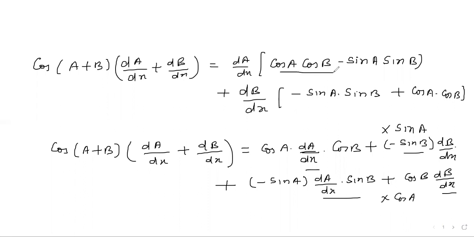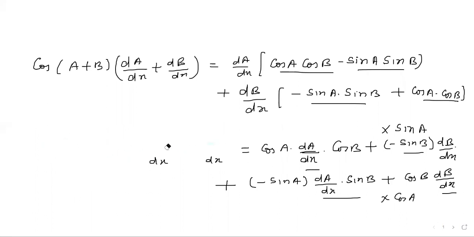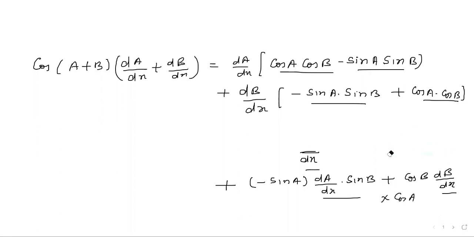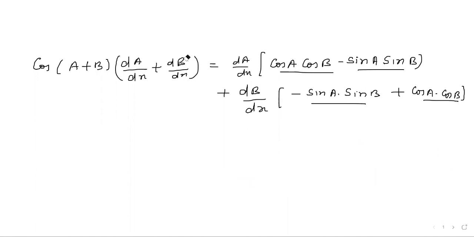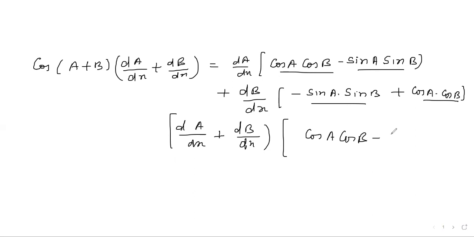Now, if you observe, it is cos A cos B minus sin A sin B in both cases, which means we can write it as (dA/dx plus dB/dx) times (cos A cos B minus sin A sin B).